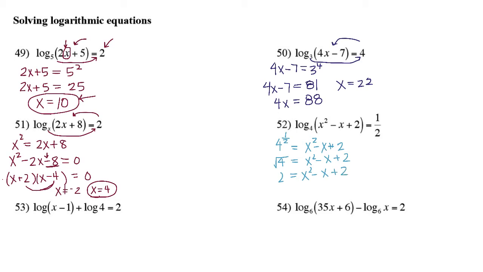Now I'm going to subtract the 2 over, and so notice that's just going to leave me with 0 on the other side. So I'm getting to where I can factor and solve for x. So I have 0 equals x squared minus x. You have a GCF of x, so I'm going to factor that out. So I have x minus 1, and setting each part equal to 0, I get x equals 0 or x equals 1.